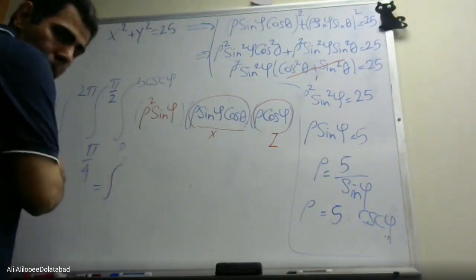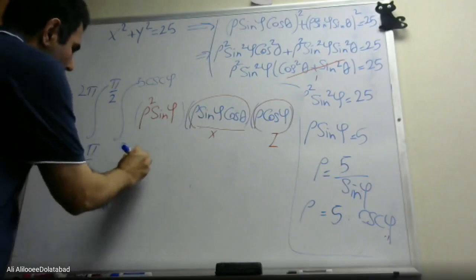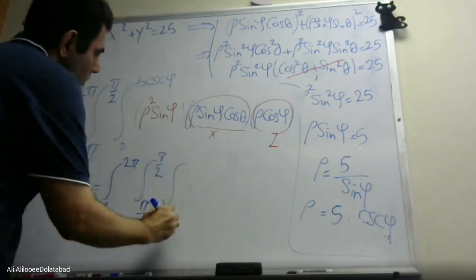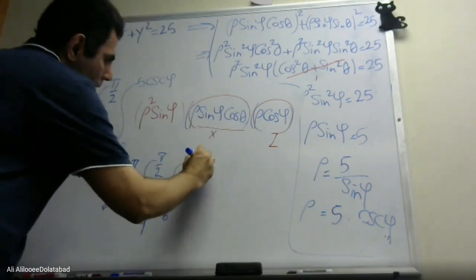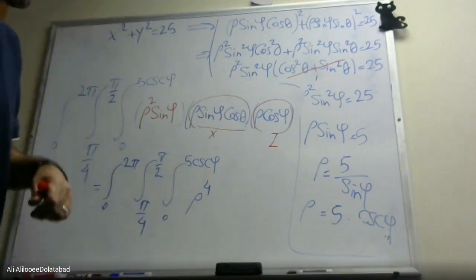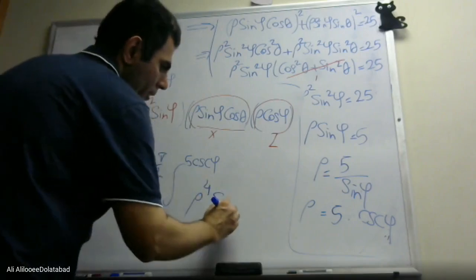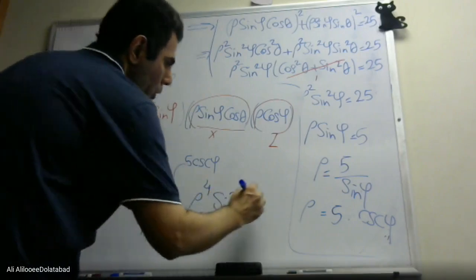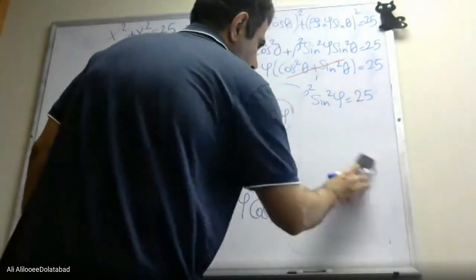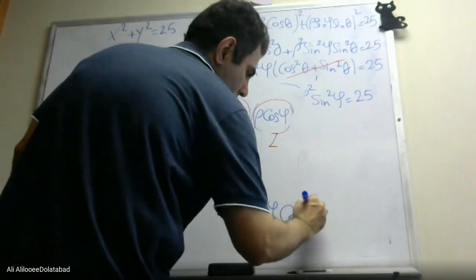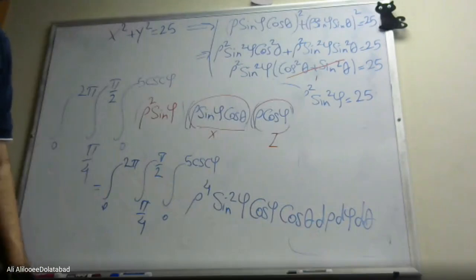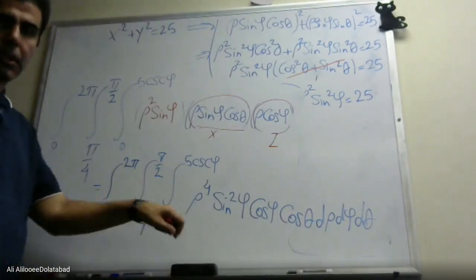Then this is equal to the integral over theta from 0 to pi over 4, phi from pi over 2 to 0, rho from 0 to 5 cosecant phi, of rho to the power of 4 sine squared phi cos phi cos theta d rho d phi d theta.